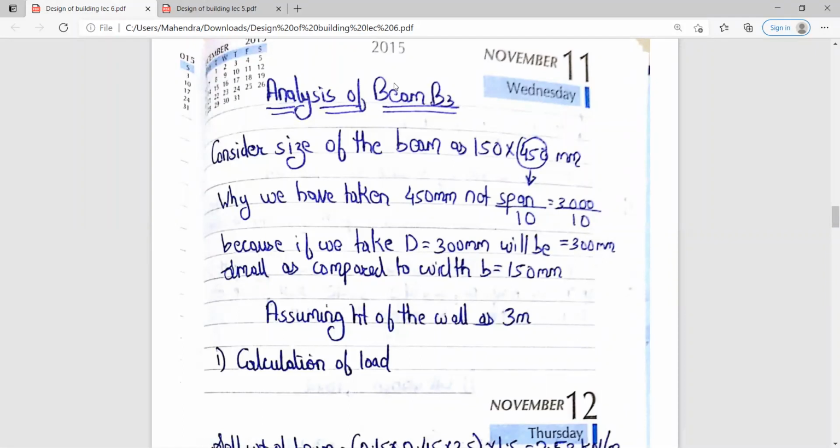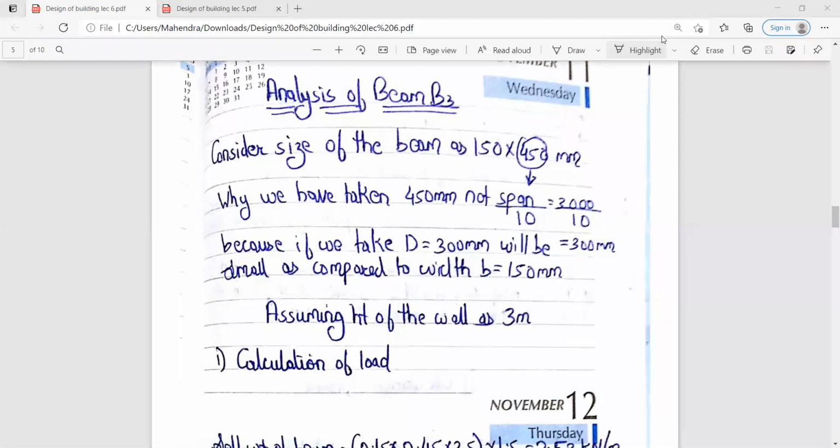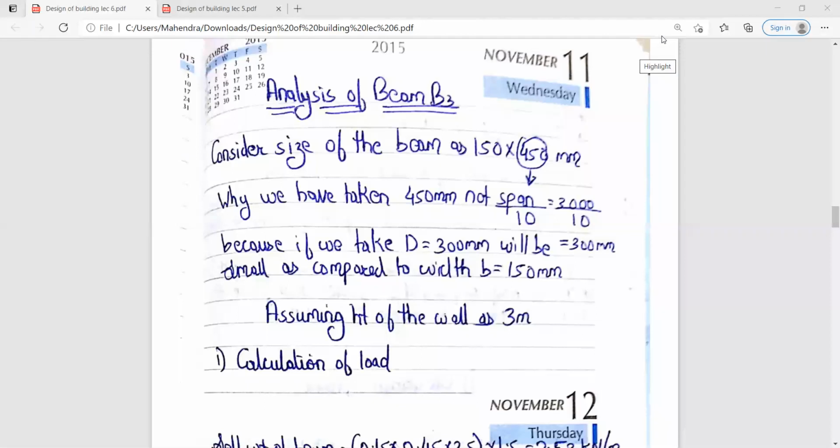Now we have to design the beam B3. Hope everyone understood both the slab designs. Yes, clear? Does anyone have any problem in the slab design? Okay.